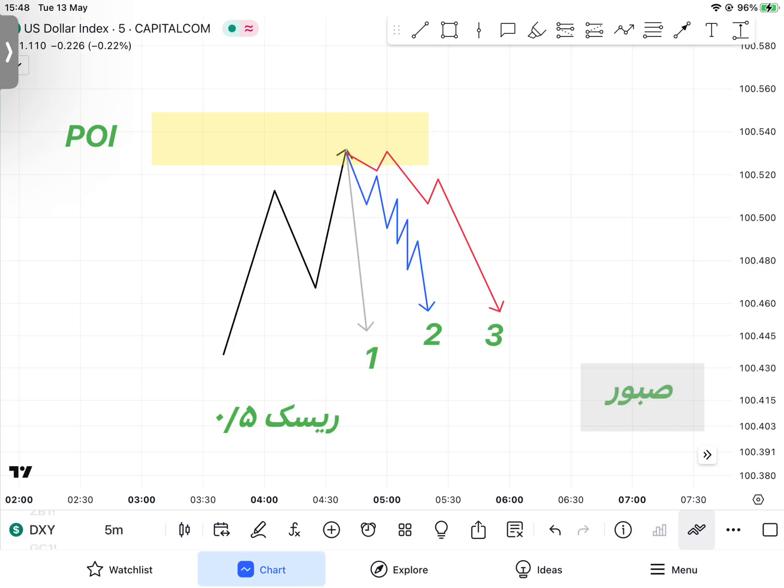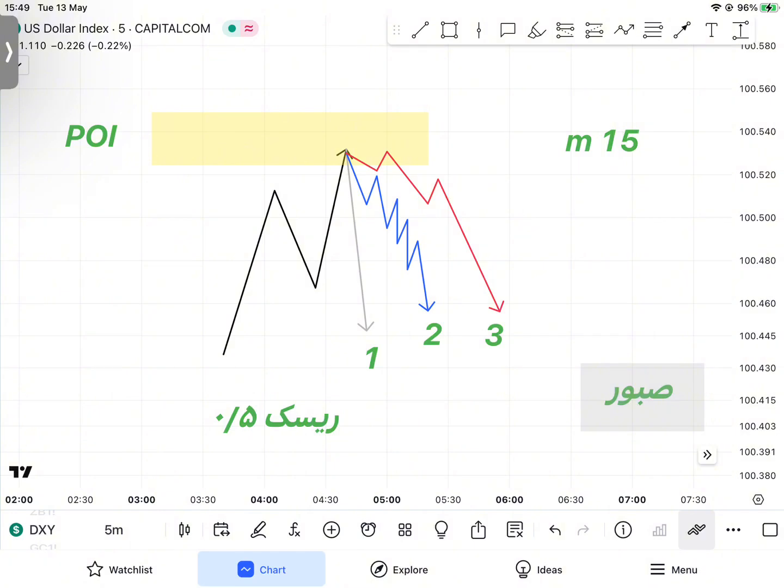Incidentally, the important thing to note is that because it gives you consecutive entry points, if you are not a patient trader and don't wait long enough for the candle you want to trade to close at least on the M15 time frame, it will give you a lot of false signals and you will make mistakes.